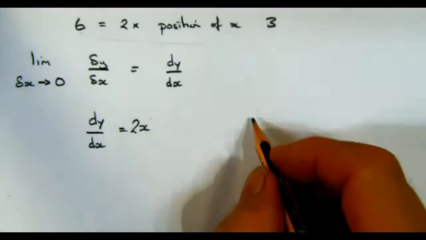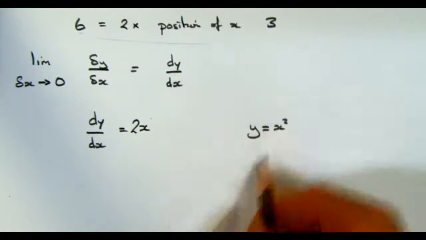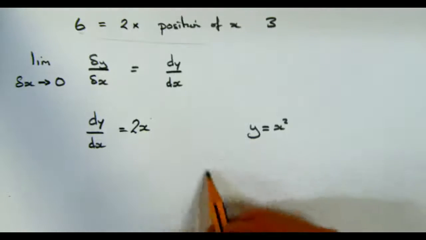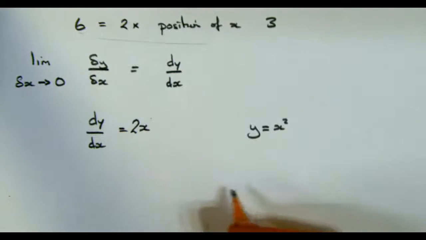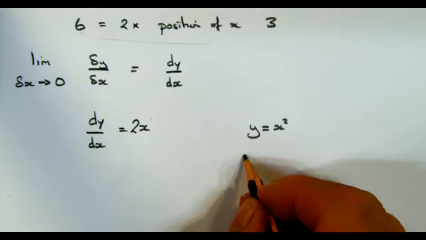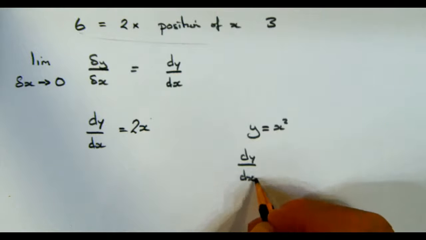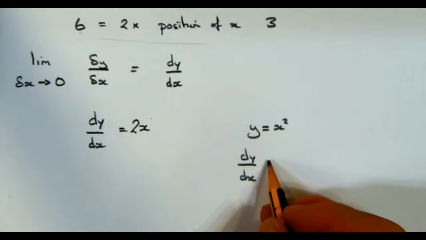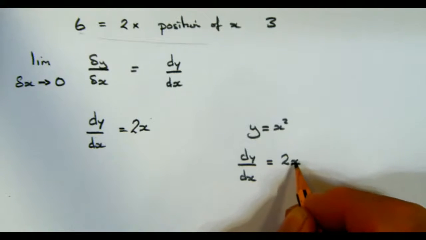So we took our line y equals x squared, and we have then differentiated by first principles, and we can say that the differential, which is the gradient of the tangent at any point, is equal to 2x.